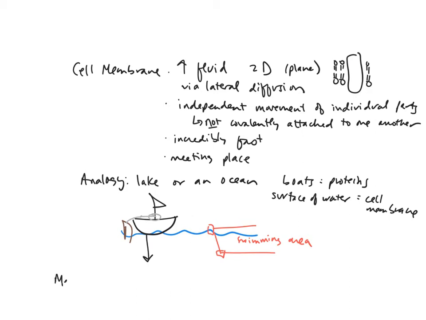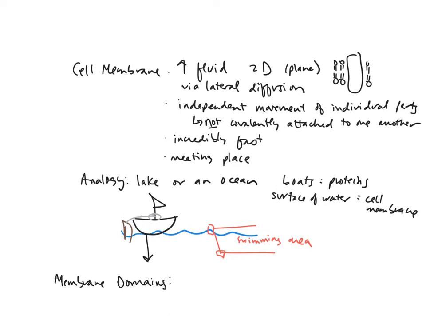In a cell, the way that regions of the membrane are subdivided is through things called membrane domains. Note that this is not a protein domain, so we're not talking about a particular region of a protein that's folded in a three-dimensional structure.